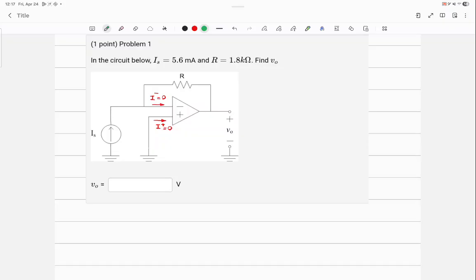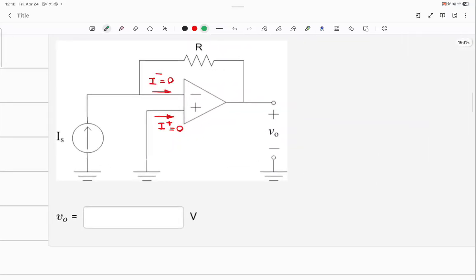V positive is grounded. The bottom one is V positive, and it's connected to ground. So do you agree with this? What does that tell you? That V negative must be 0 as well.